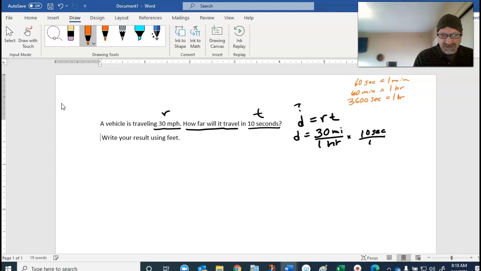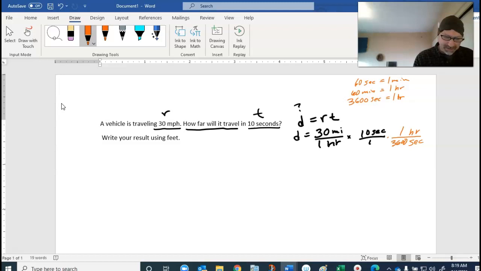So it's pretty easy to convert seconds to hours or hours to seconds just by using one unit ratio, and that would be we want to get rid of seconds, so we want the seconds down here. Seconds. That's 3,600 seconds and 1 hour.